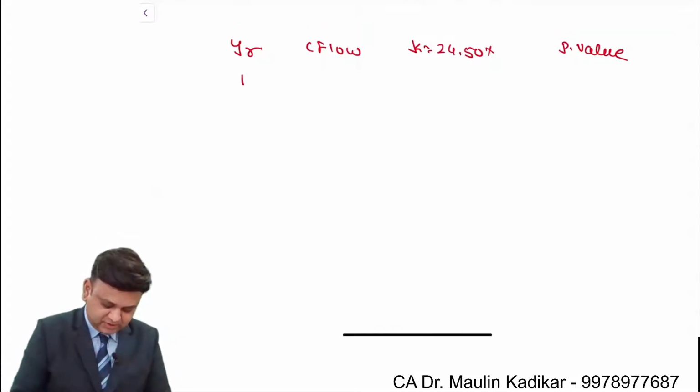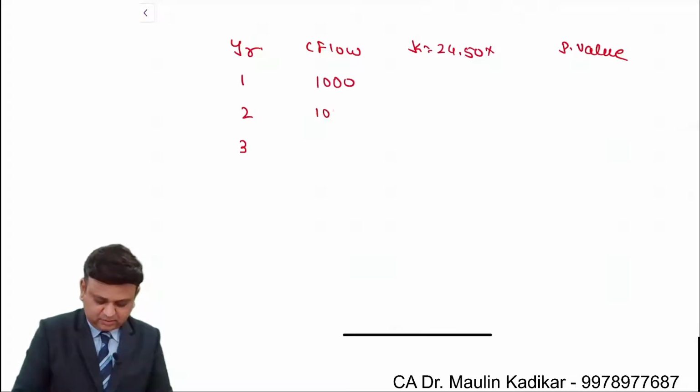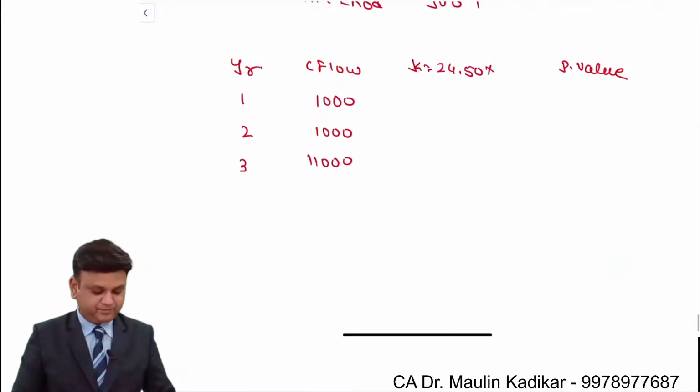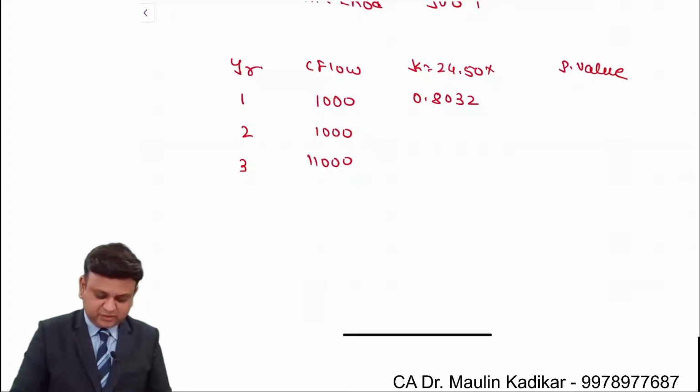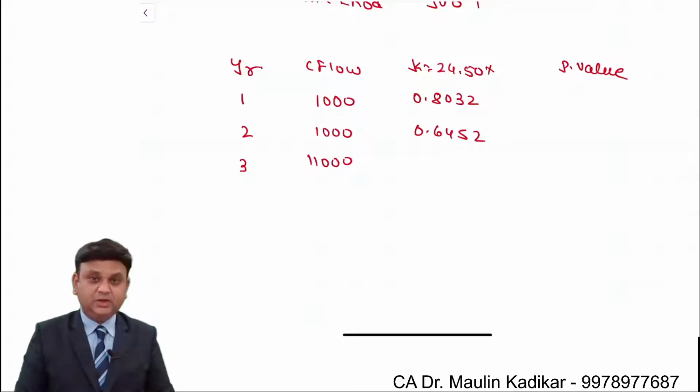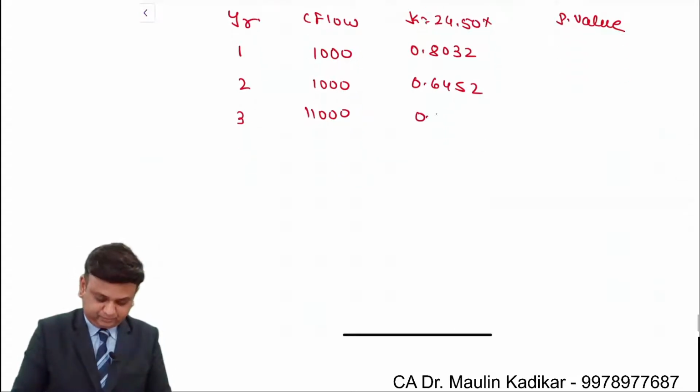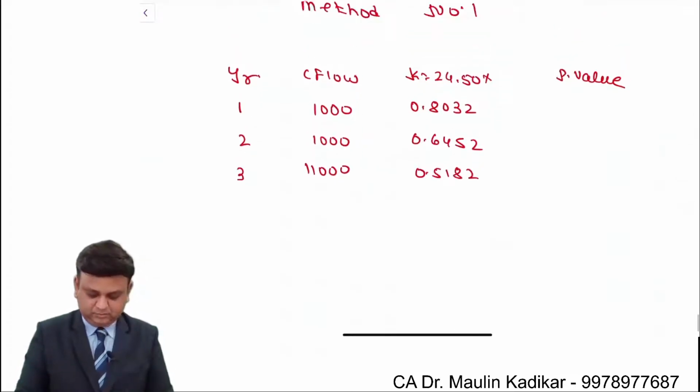So first year, second year and third year: 1,000, 1,000, 11,000. Discounting at 24.5%, the first year factor is 0.8032, second year it is 0.6452, third year 0.5182.